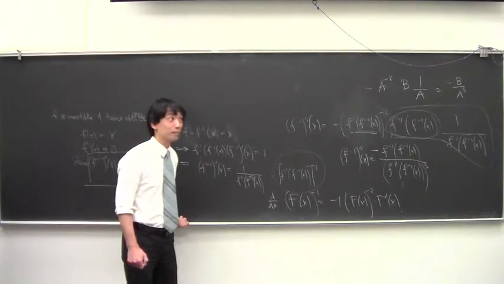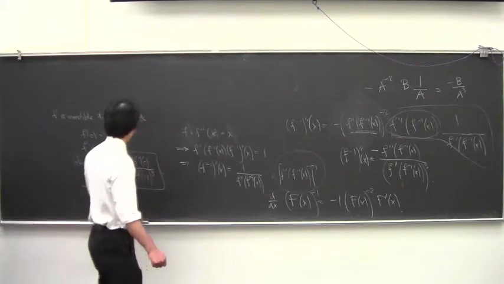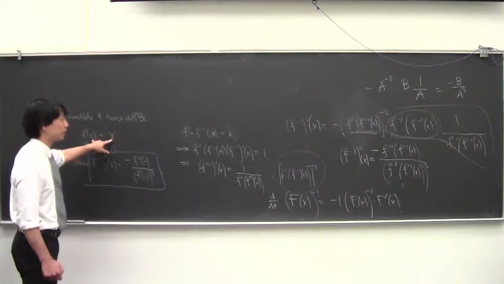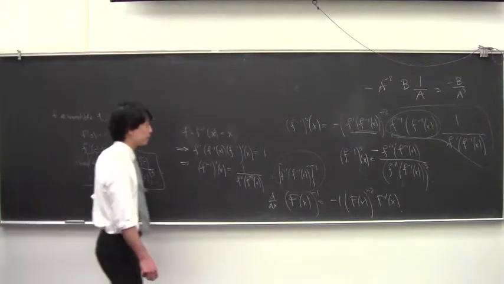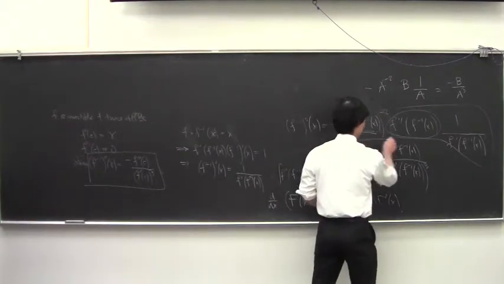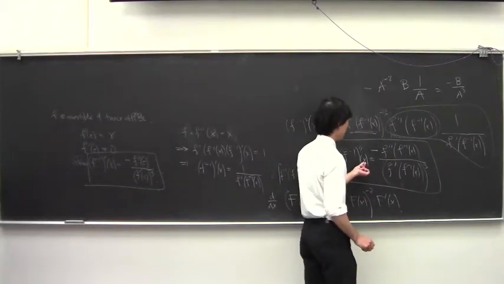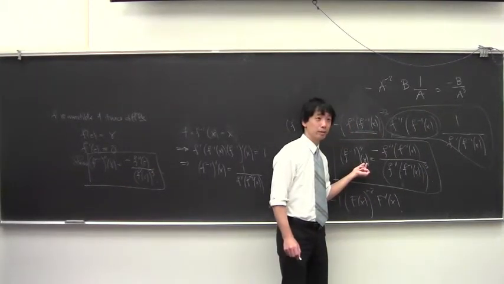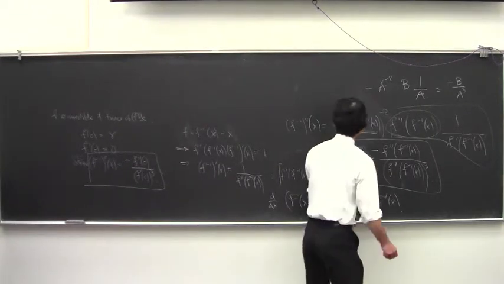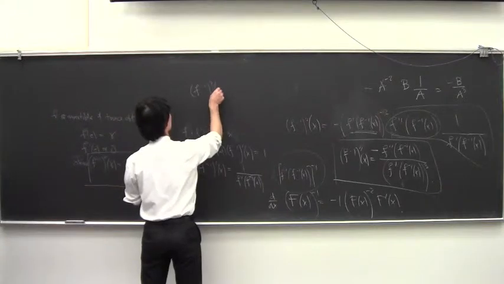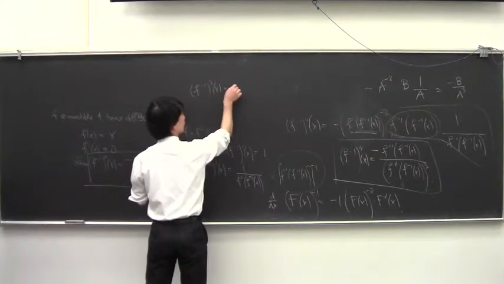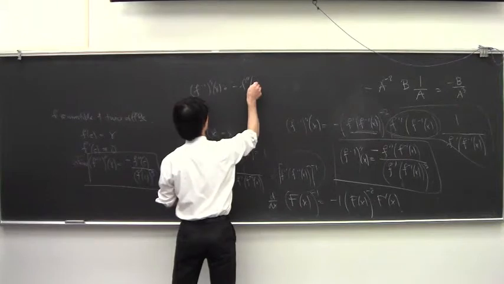Yes, Claire. How do you get the gamma and the C? Well, here you have this formula. If x is gamma, let me write it out with x equal gamma: f inverse double prime of gamma equals f double prime of f inverse gamma over f prime of f inverse gamma, cubed.